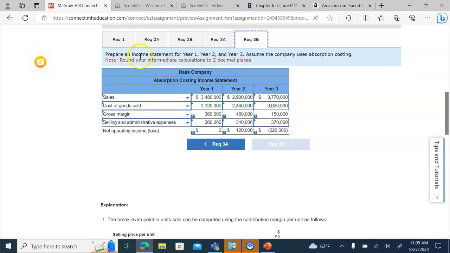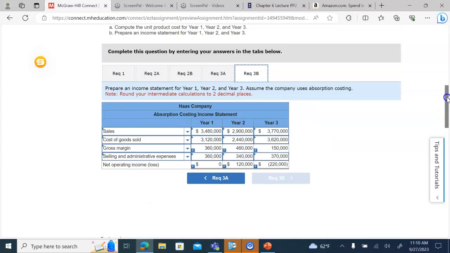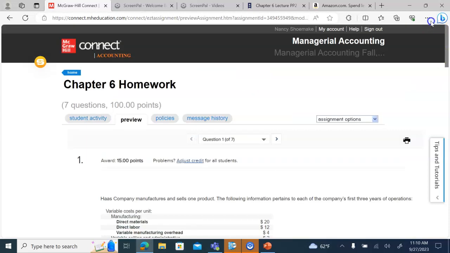Then here are our income statements using the absorption method. Okay? Make sense? You want to look at another one?